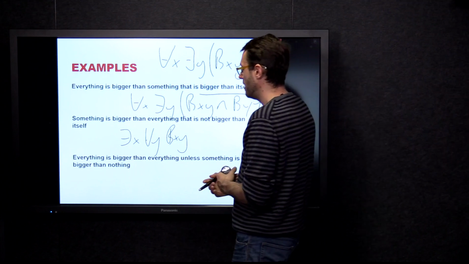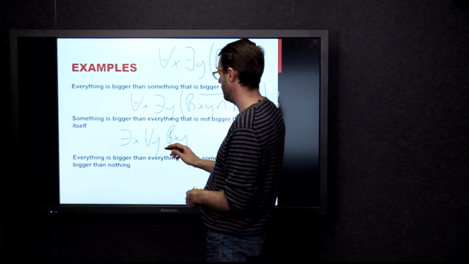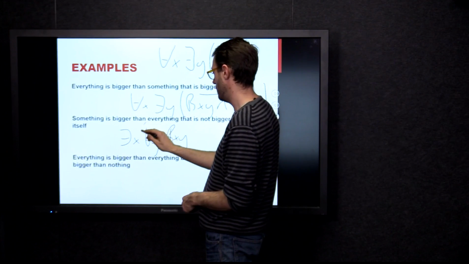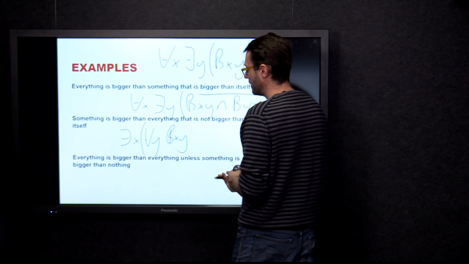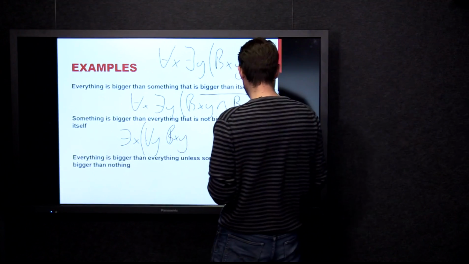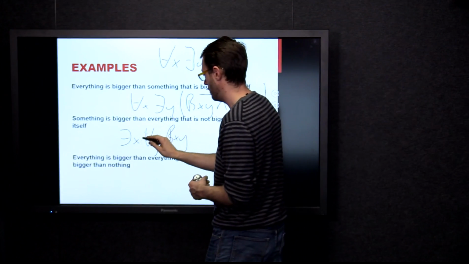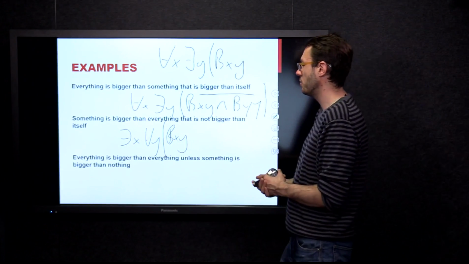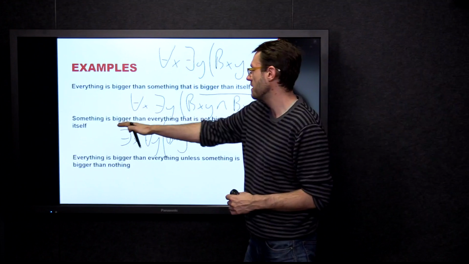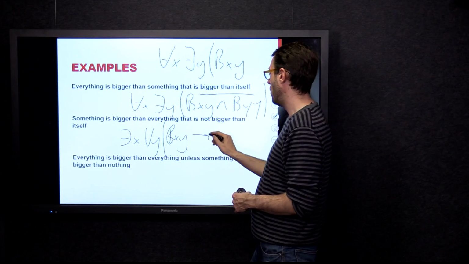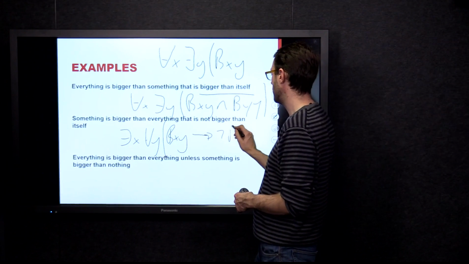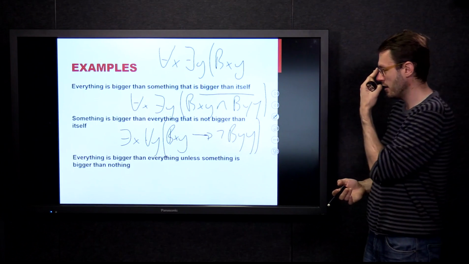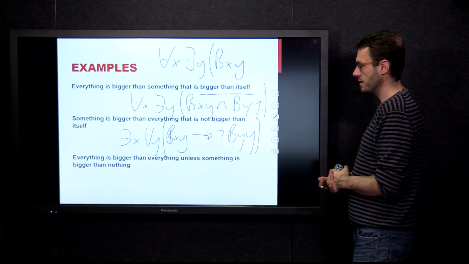So there exists an x such that for all y, if x is bigger than y, then it's not the case that y is bigger than itself. So something is bigger than everything that is not bigger than itself.